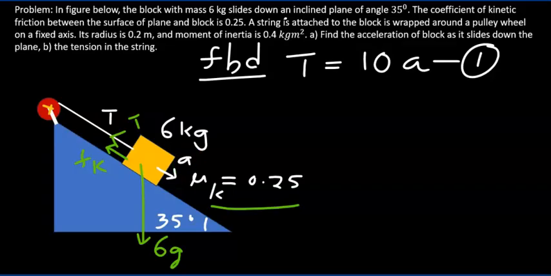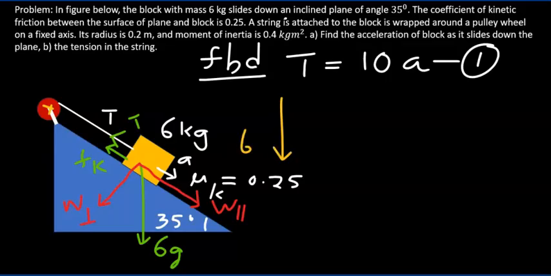One can note that there are two components to this weight. The first component is the component of the weight that is parallel to the plane. Let's denote it with W parallel. The other component is a component that is perpendicular to the plane, which we can denote as W perpendicular. Let's obtain the expressions for these two components. So that is your hypotenuse.